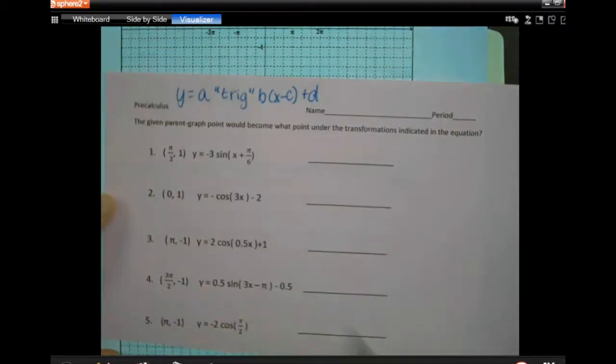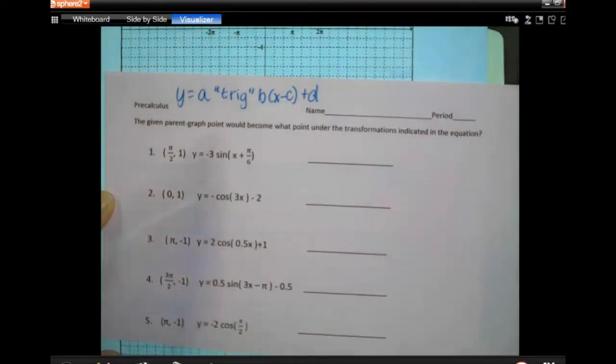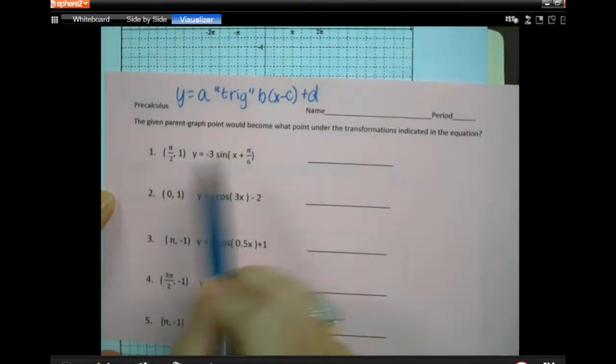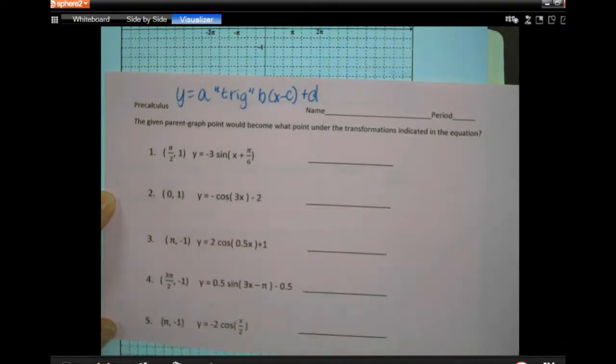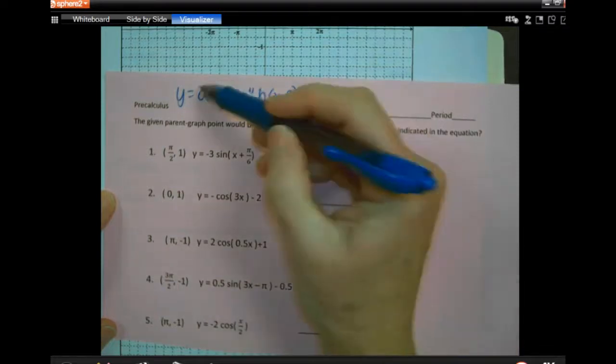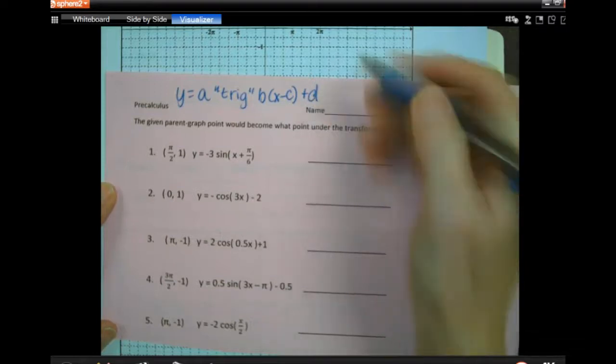your input. All right, so first of all, to start, all of the functions are all written in this form. All of them, every time. Sometimes we don't have all the variables, but they're all written in this form. And the A and the D, which variable do they affect?